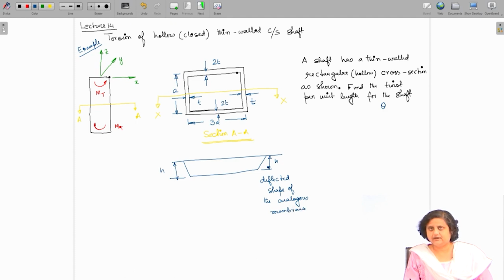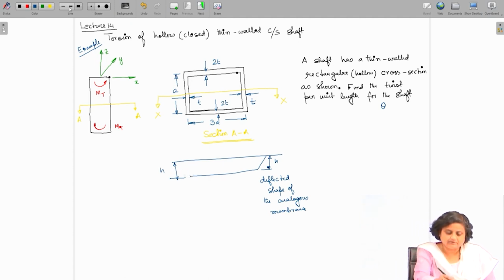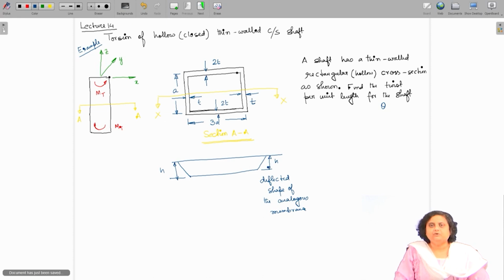That we have discussed earlier. I have drawn it a little bit wrongly, so let me correct this, because the thickness is the same on both sides, so the slopes are the same. Now, what we need to find is theta. The given parameters are MT and all the geometrical dimensions.